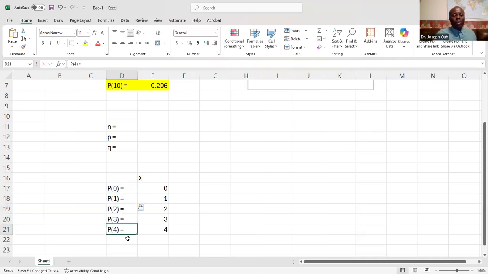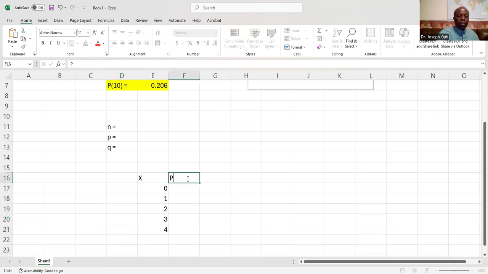Oh, you put all the rest of them. Okay, good, that's the good thing about Excel. The best thing is to just put PX right here, PX for each of them.